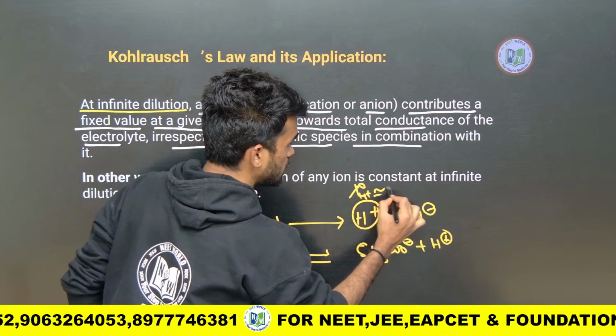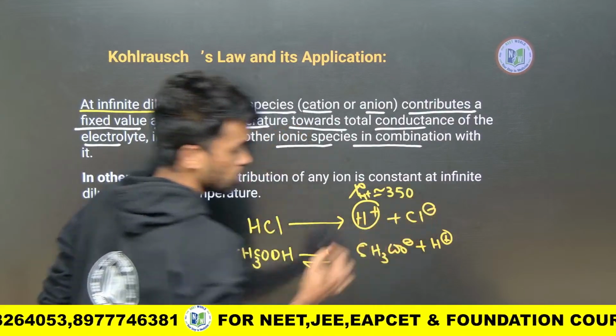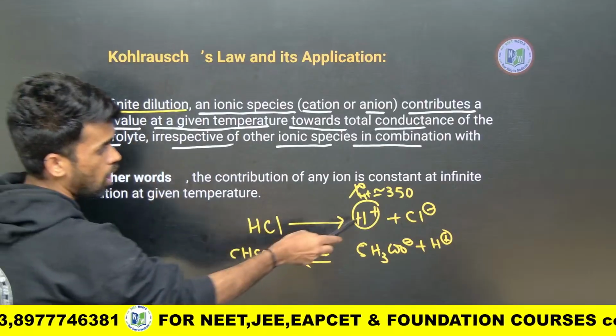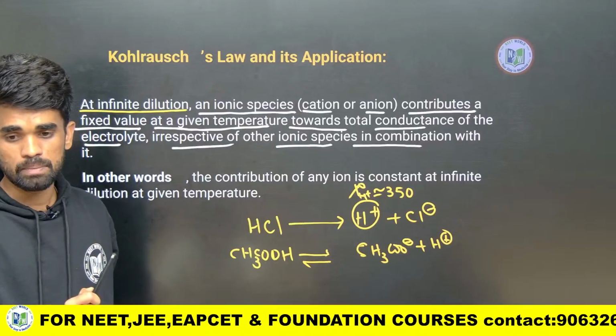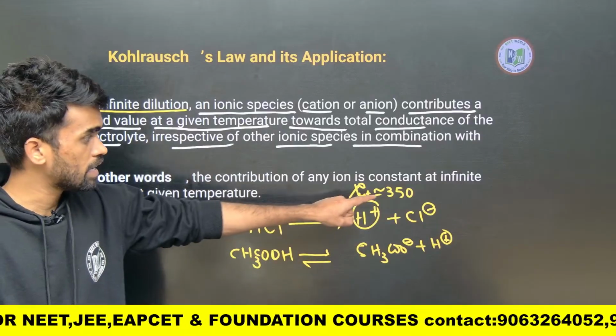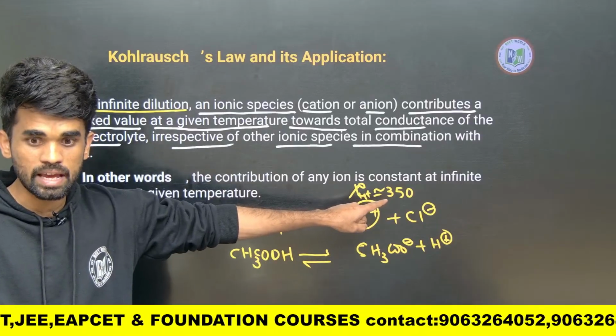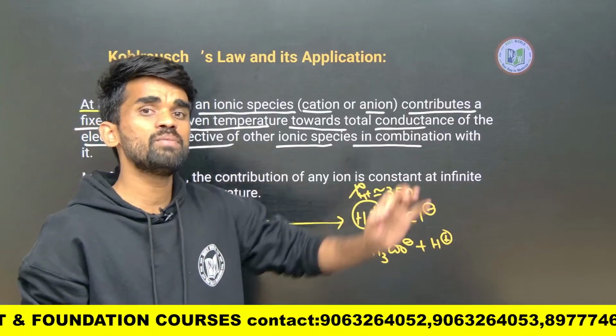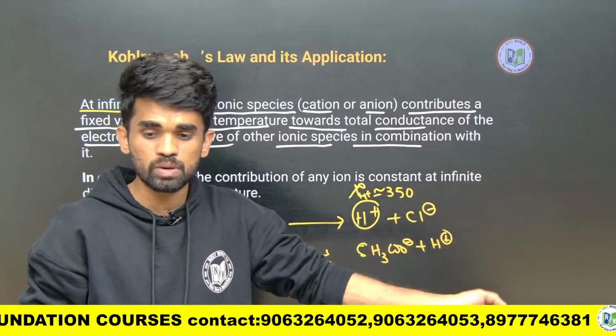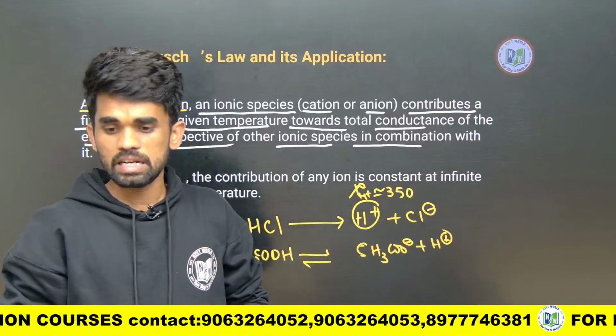The ionic limiting molar conductivity of the H plus ion will be around 350. I will show you the value. So for all H plus ions, irrespective of the source, the ionic conductivity contribution is 350. Like that, for every ion there will be a fixed contribution towards the conductivity value.